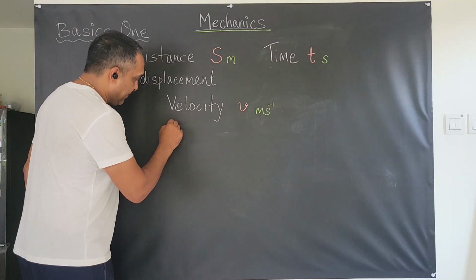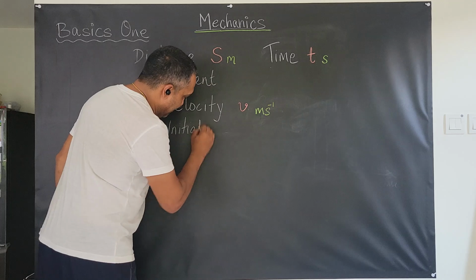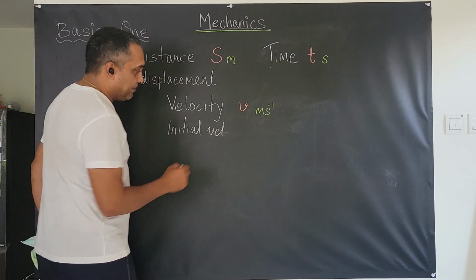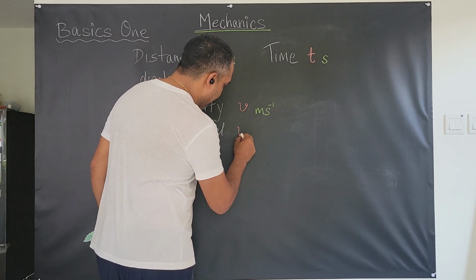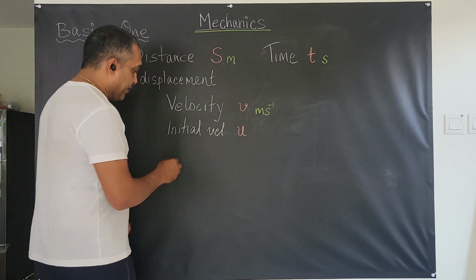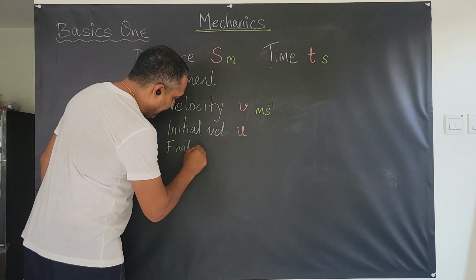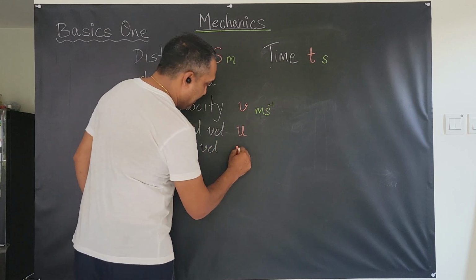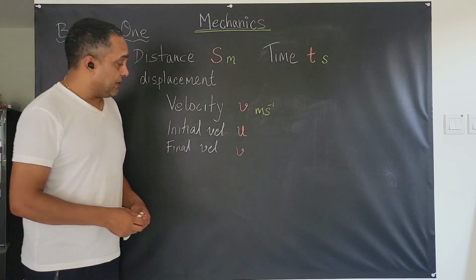Sometimes you'll find initial velocity. I'm just going to use VEL for short. And that gets represented sometimes with u, which will also be meters per second, and you'll find final velocity. And that gets denoted almost always with cursive v, also meters per second.